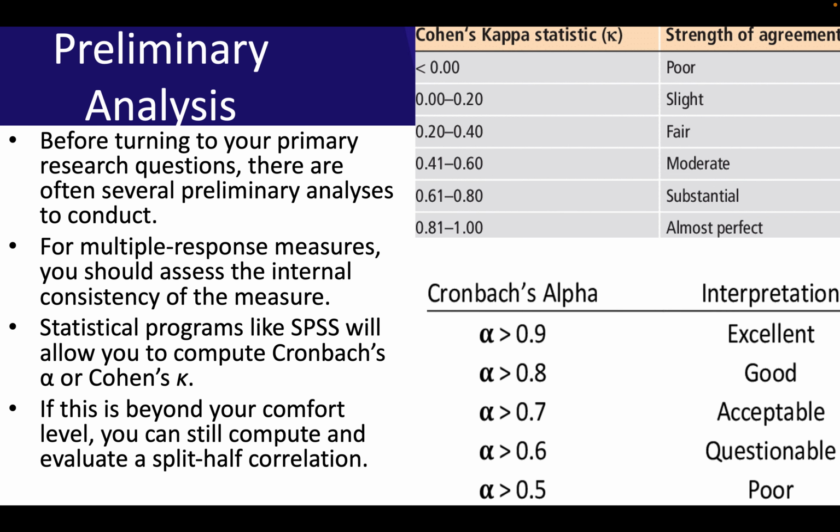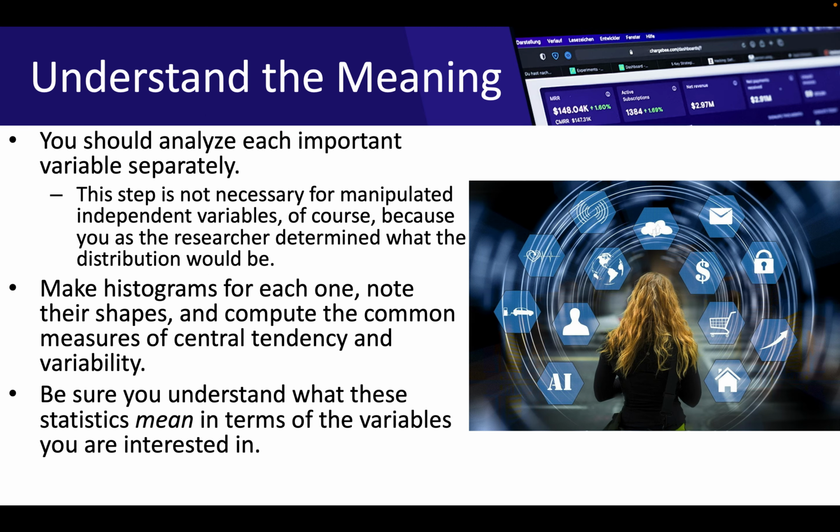If this is beyond your comfort level, you can still compute and evaluate a split-half correlation. You should analyze each important variable separately. This step is not necessary for manipulated independent variables, of course, because you as the researcher determine what the distribution would be. Make histograms for each one, note their shapes, and compute the common measures of central tendency and variability.